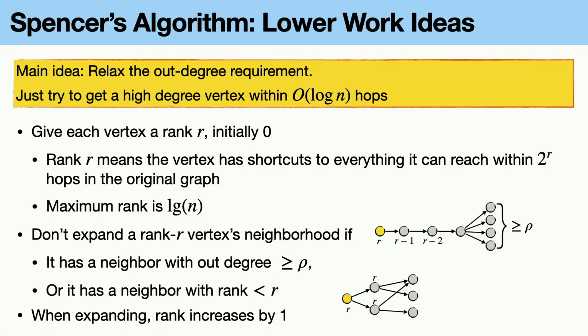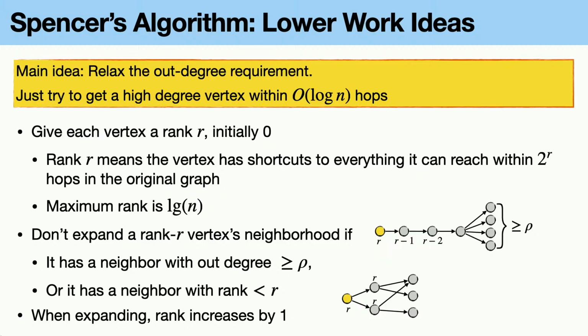Rank R means it already has shortcuts to everybody it can reach within 2 to the R hops. We're doing this doubling strategy, so we try to maintain this as we go. The maximum distance is 2 to the log n, so the maximum rank is log n.